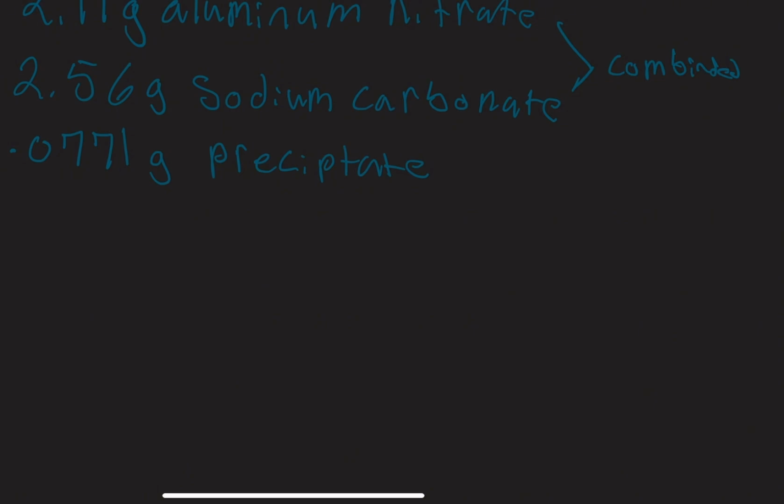So first, to start out, I'm going to write out the equation, which is going to be aluminum, then NO3 for aluminum nitrate, and then plus. We're going to leave a gap when we start balancing this equation.